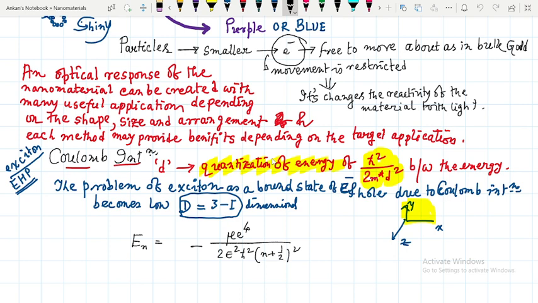Okay, for nth energy level, the energy contribution due to this confinement will modify the 2D Coulomb problem and will give the correction factor of this, where mu is the reduced mass of the nano device under the study.